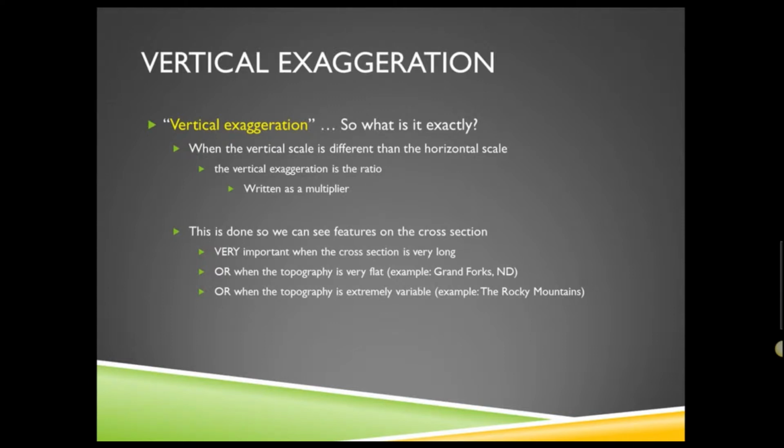Even for shorter transects, you can use vertical exaggeration if your topography is very flat. For example, if we were doing a profile of Grand Forks, North Dakota, we would need a fairly high vertical exaggeration to see anything. But we can also use it when the topography is very extreme, like, for example, the Rocky Mountains.